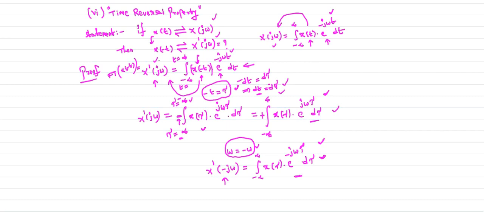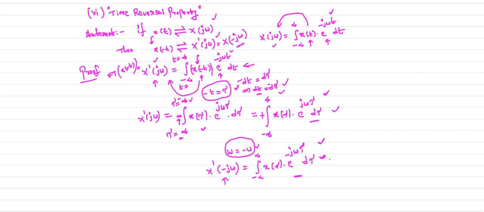Now what is x of minus t? What is the Fourier transform of x of minus t? X dash of j omega is nothing but what? X dash of minus j omega. That means here it is x of minus j omega. So that is x of minus j omega.